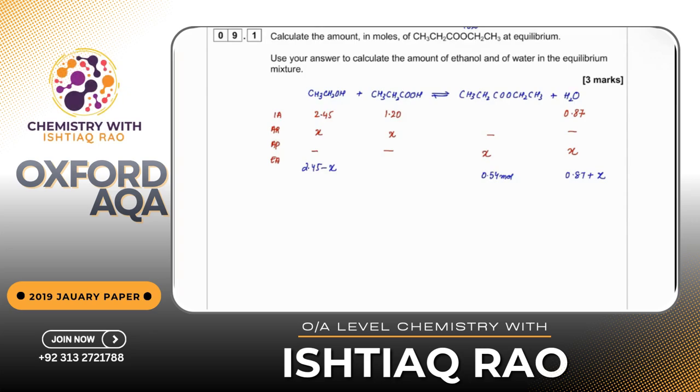What is x? You can find out x, right? x is equal to 0.54. So 2.45 minus 0.54 is equal to 1.91. So this is 1.91, and 0.87 plus 0.54 is equal to 1.41. That's it.